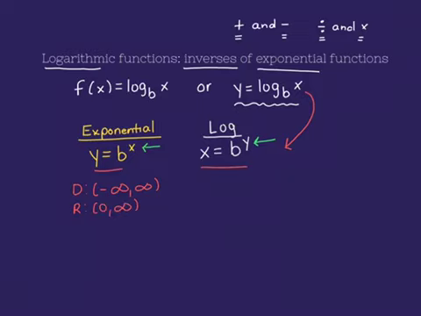Since domain represents the x values and range represents the y values, and we're just switching x and y in the equation, our log functions have a domain of 0 to infinity and a range of negative infinity to infinity.